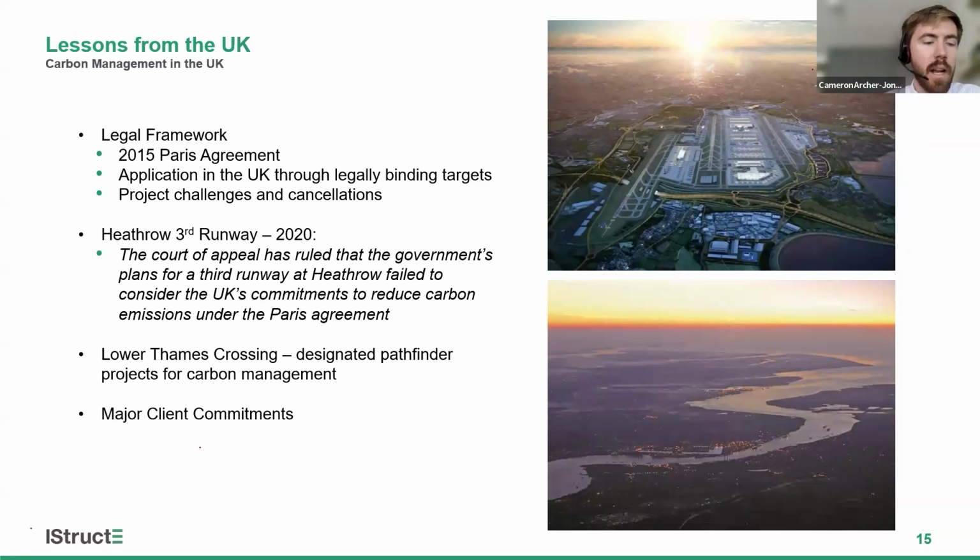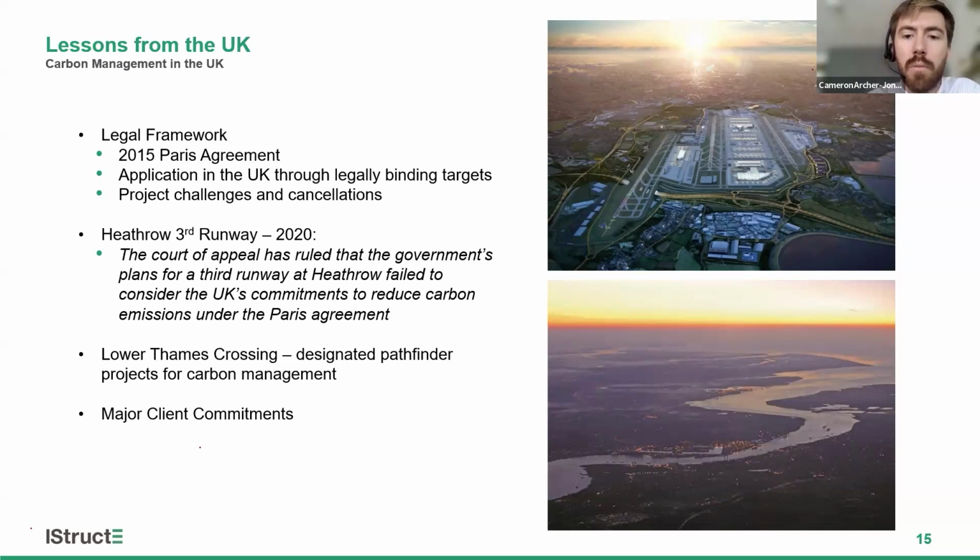The target for net zero originally comes under the 2015 Paris Agreement, but the relatively unique part in the UK is that the commitment made under that agreement was then enshrined in law with legally binding targets.